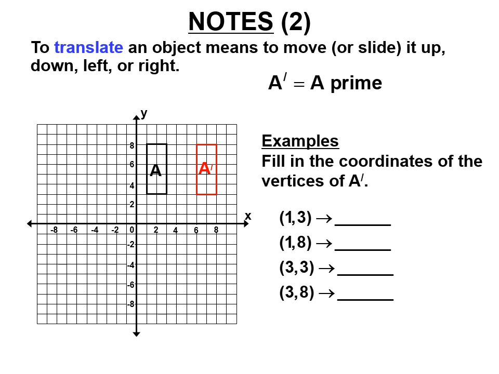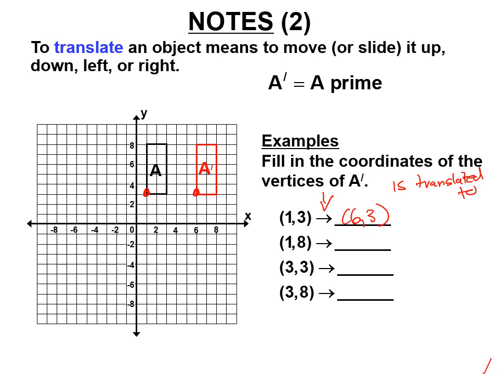So this is A to A prime that we did in the warm-up. So (1, 3) is now, so that arrow means is translated to, although it's used for other things, is translated to (6, 3).